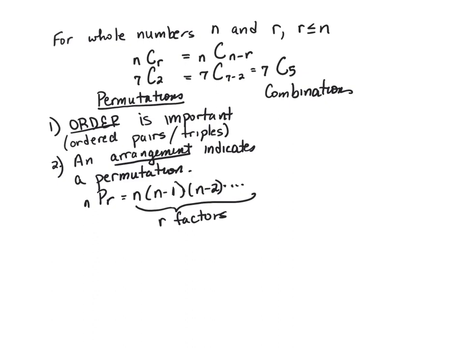Okay, now what about combinations? Combination is n choose r, which we said was nPr over r factorial. So the number of combinations is always less than the number of permutations. Here, order is not important.